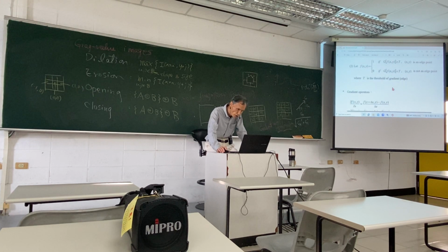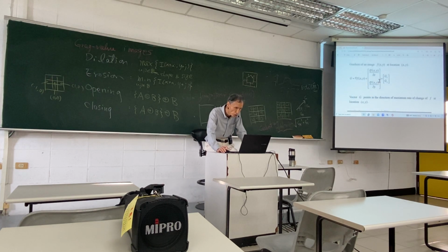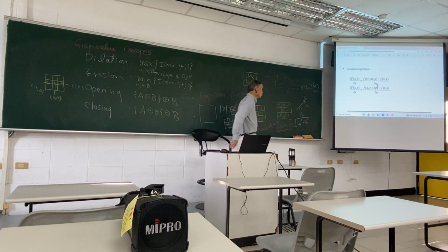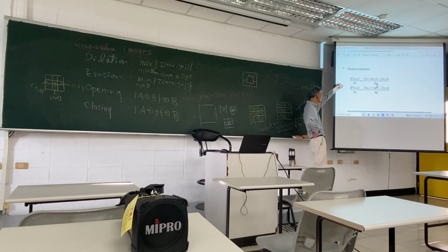Now, let's take a look at how we implement this operation in a digital image. The very first simple one is like this. We need to calculate the gradient with respect to x. As I keep mentioning, the difference is nothing but the difference.